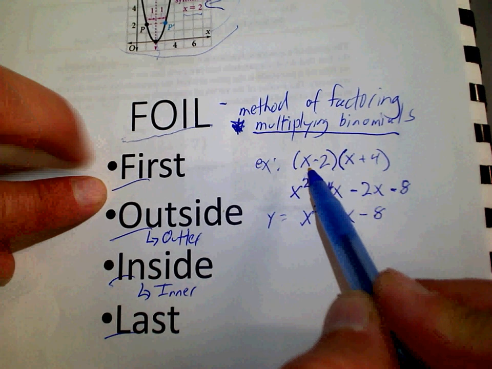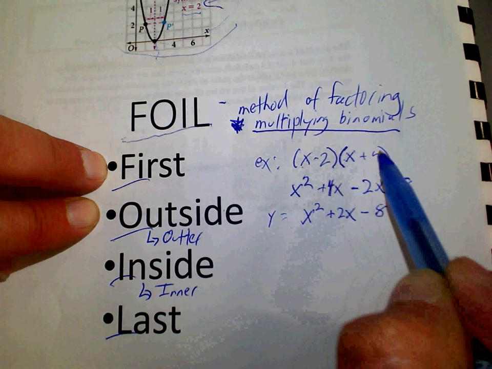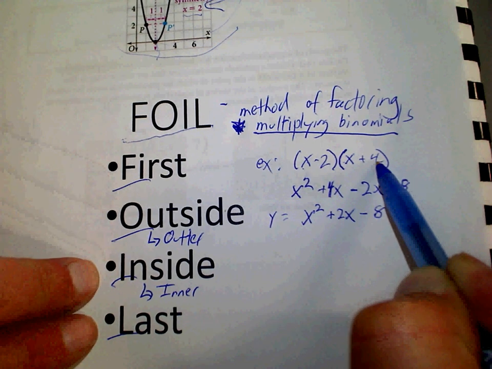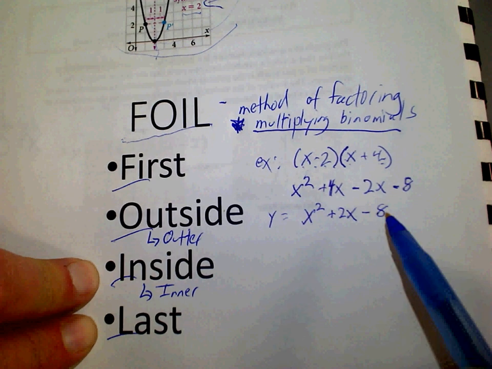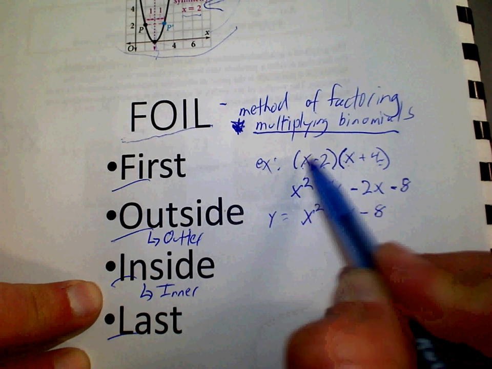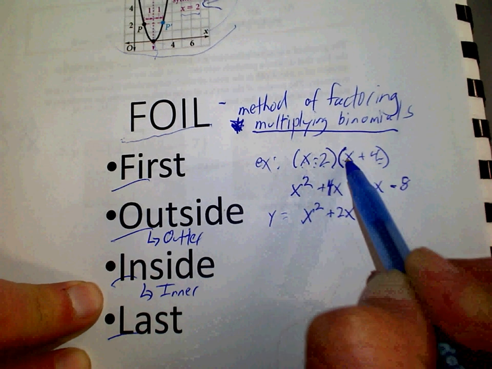X times x, x times 4. That's F and O, isn't it? Look what I and L are doing. Negative 2 times x, negative 2 times 4. You realize that F-O-I-L is just simply taking this term and distributing it to both, and then this term and distributing it to both. Does that make sense?